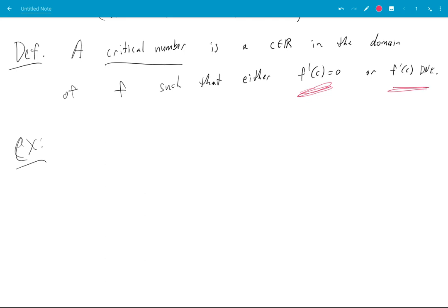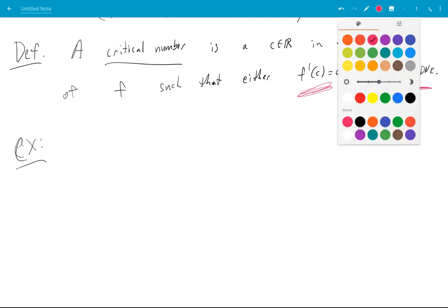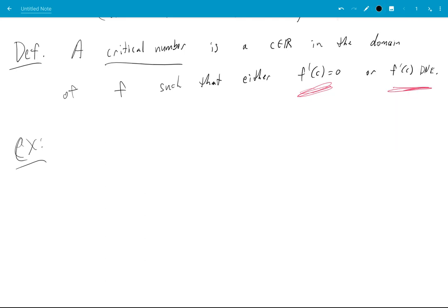But you've got to watch out for this one too. So we call these critical numbers. And why do we care? Because at critical numbers, that's where my tangent line is horizontal, usually. I think you agree it's a very important feature of a graph. So if we're trying to sketch these graphs, these critical numbers are important to us.